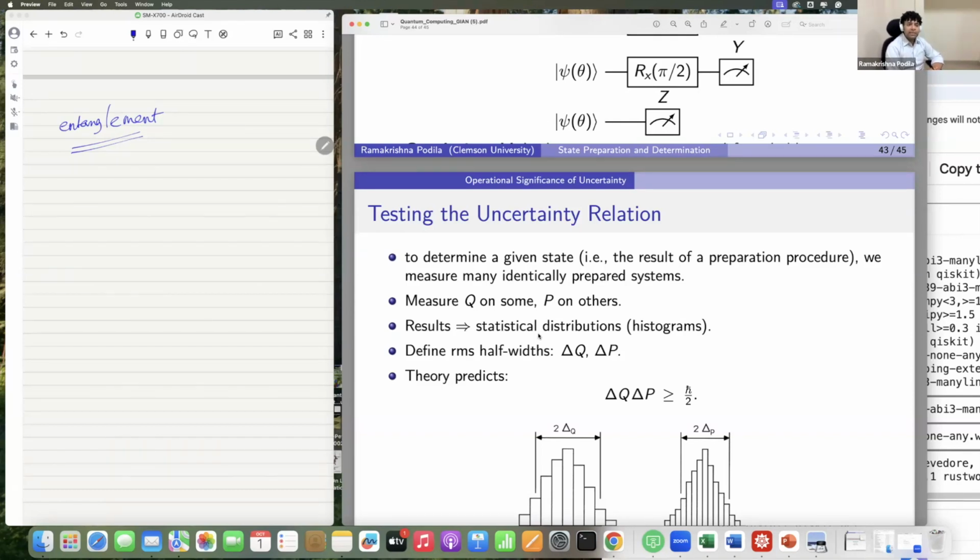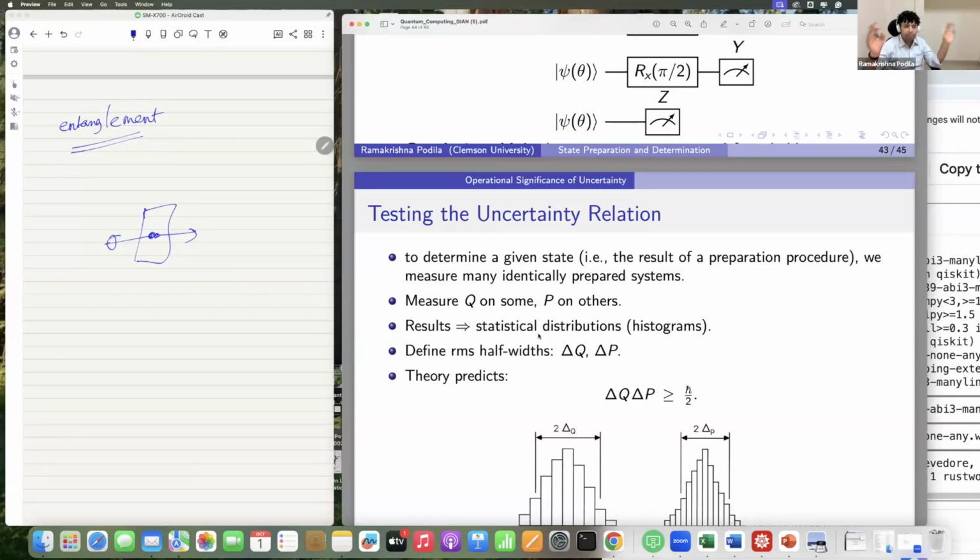So entanglement means that when I make multiple measurements, let us say I have two particles, and I make multiple measurements on these two particles. That is, I have some sort of a preparation technique. I'm preparing two particles, and one particle, let's say, goes this way, another particle goes this way. I make measurements on these particles, not on single particles.